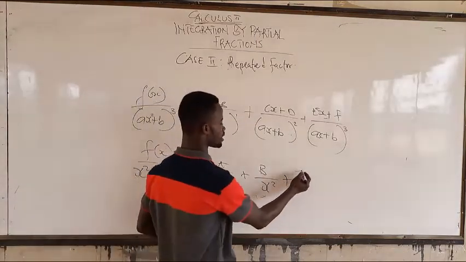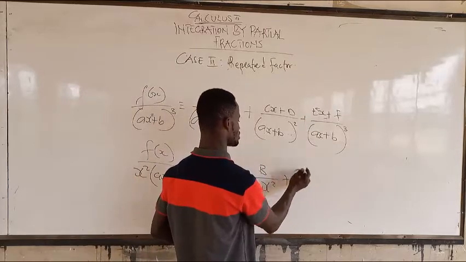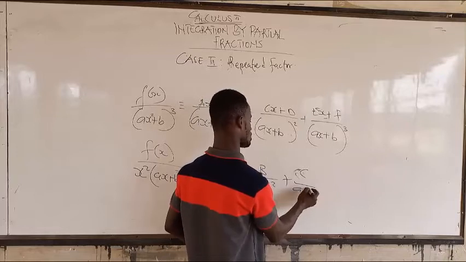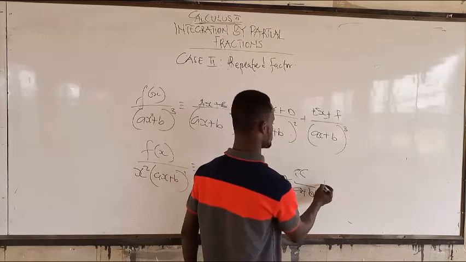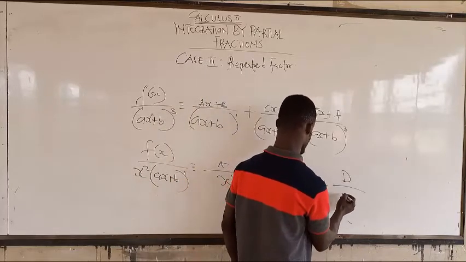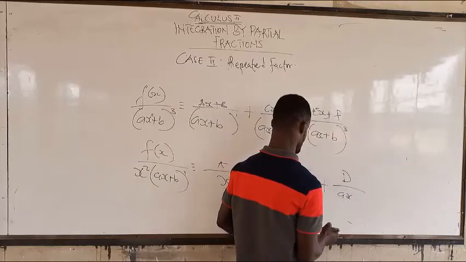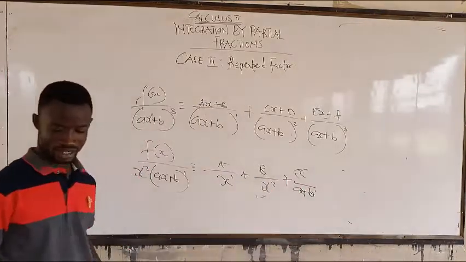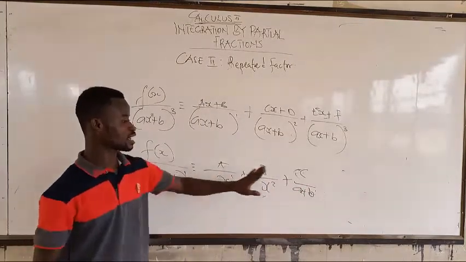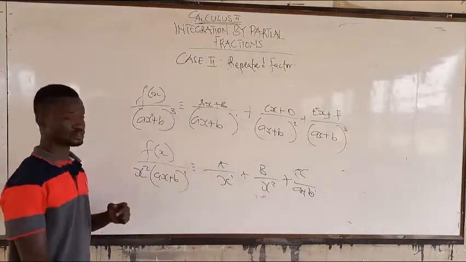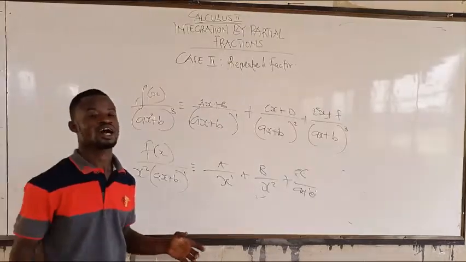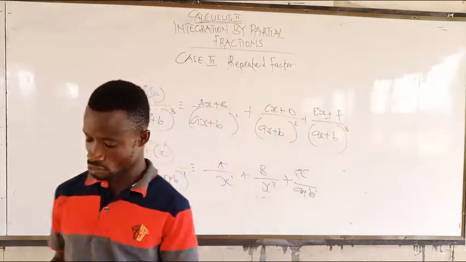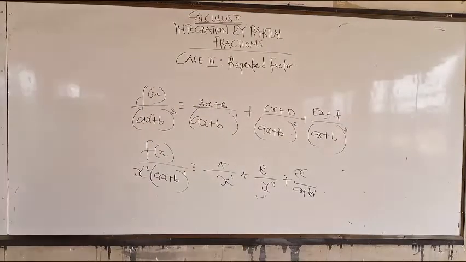So you make it C over ax plus b, plus D over ax plus b squared. That is all. Alright, so that is the linear part and the repeated part. I hope I have made myself clear. Very good. So let's try our first question.